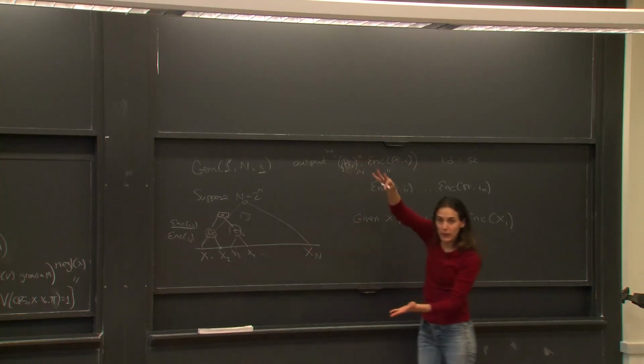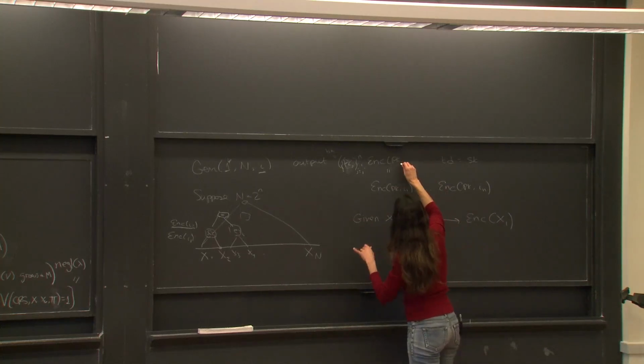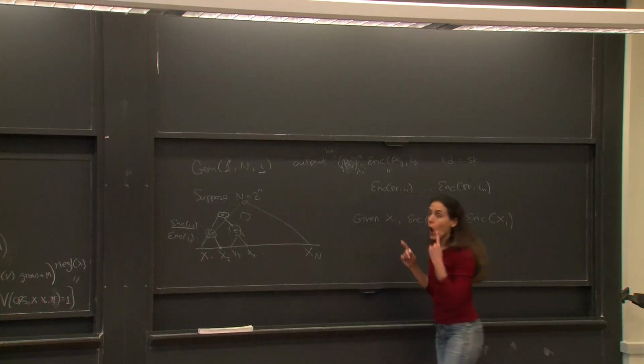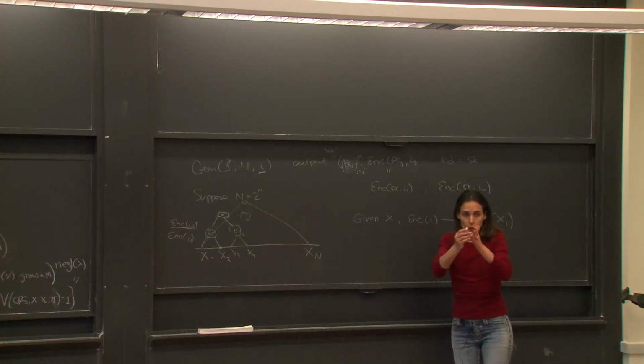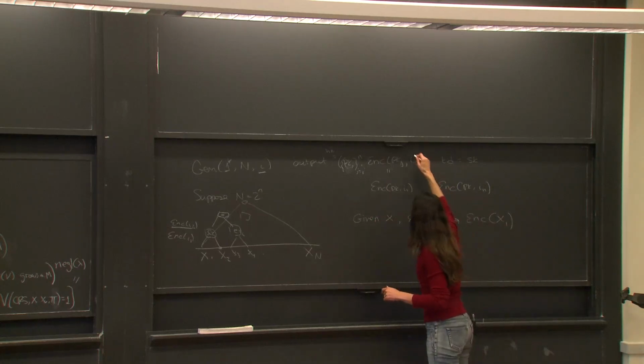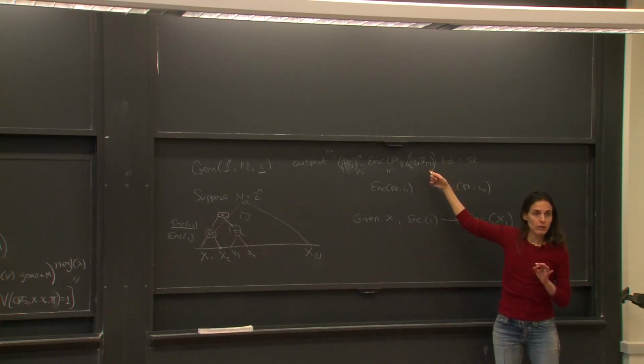With public key j, we encrypt i_j, where I has i_1 up to i_n, but we also encrypt sk_{j-1}. I want to have the decryption key. It's important to have the decryption key.